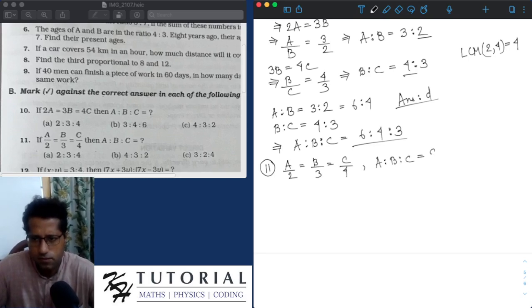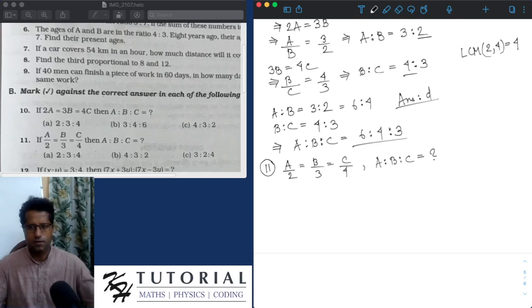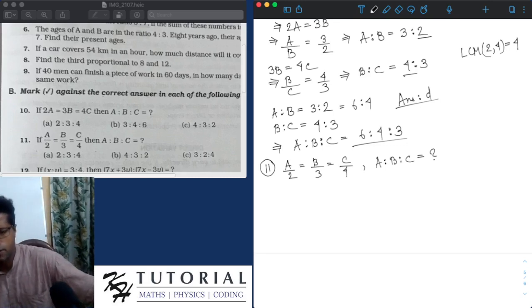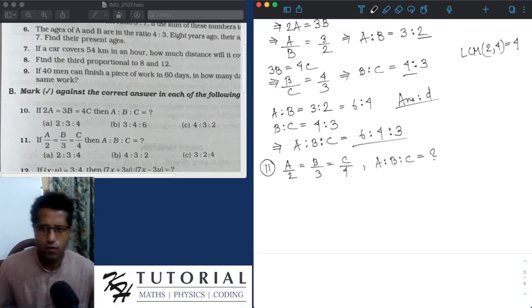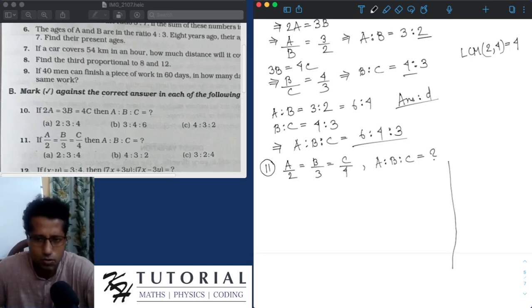Now there are various methods to solve this problem, to find a is to b is to c when this kind of equations are given, that is a relation between a, b, c. I am following a certain method. You can follow other methods, but whichever method you feel is more comfortable to you, the one you understand, please follow it.